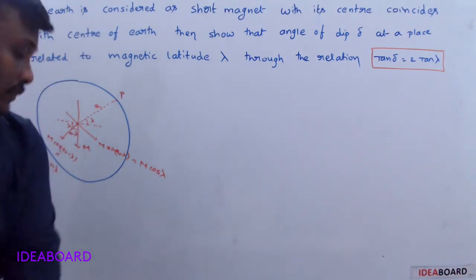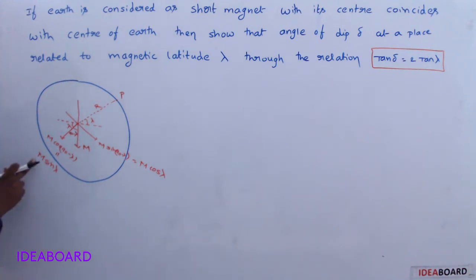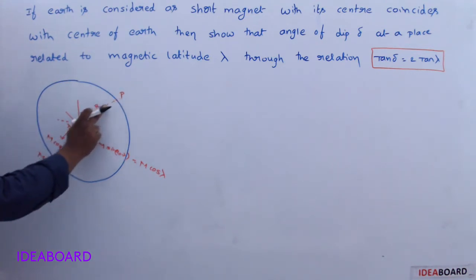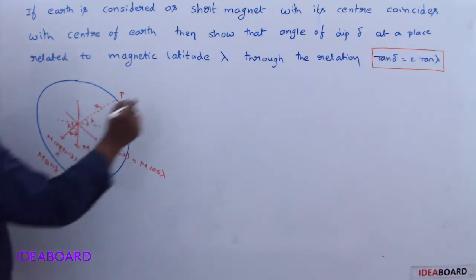Now for the m sin lambda component, point P is along the axial line.